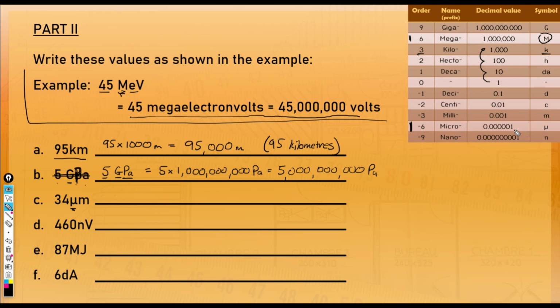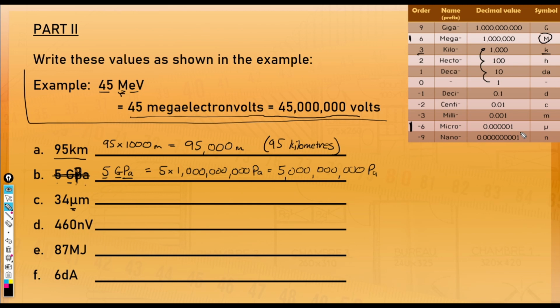So plus 6 is mega, that's 1 million times, but minus 6 is a millionth. So if we had 1 millionth, then we would have 1 micrometer or 1 micro unit. But here we have 34. So 0.000001 is 1 micrometer. That's 1, 2, 3, 4, 5 zeros and then the 1.